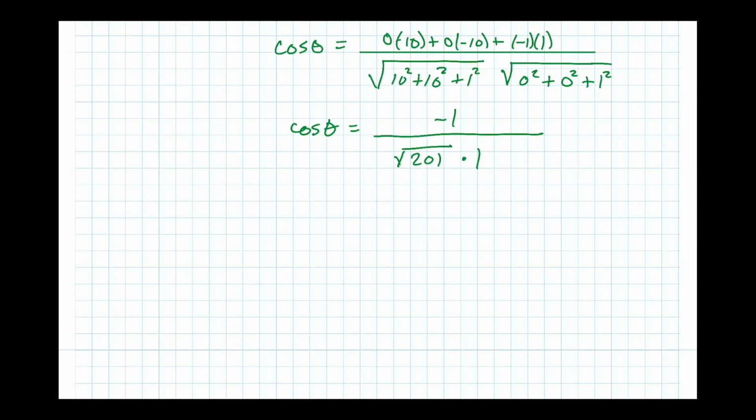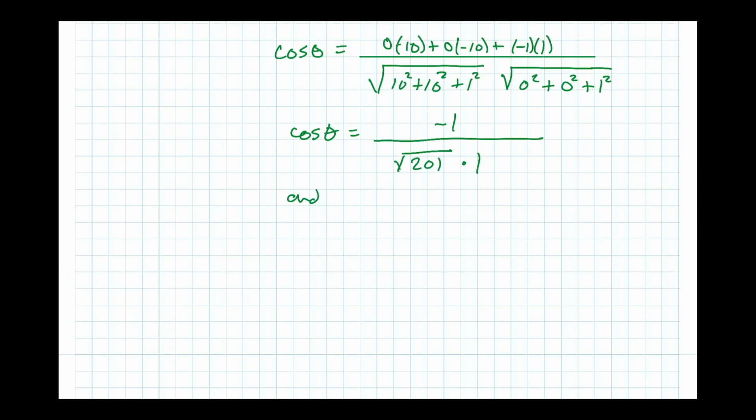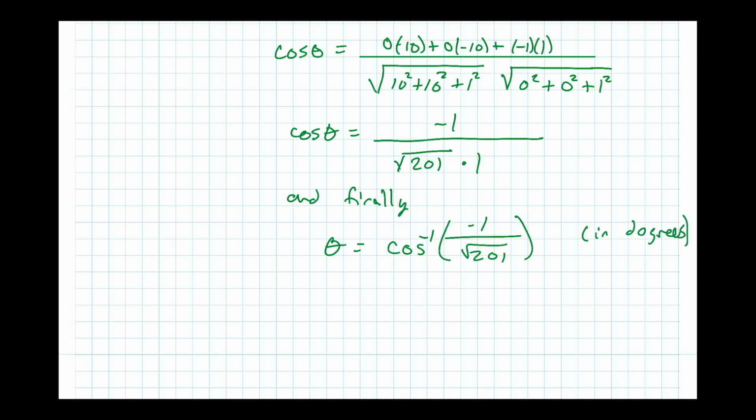So then that tells us that the angle theta is going to be the inverse cosine of this, which is negative 1 over square root 201. You punch that into a calculator. Make sure your calculator is in degree mode because, for whatever reason, they want it in degrees. So just be careful with your calculator here.